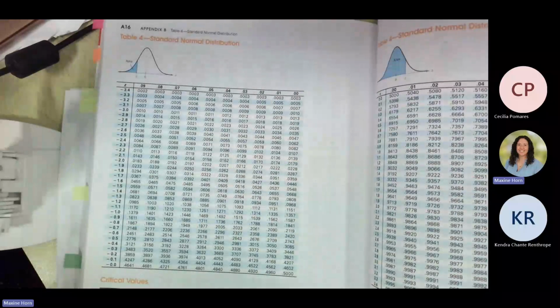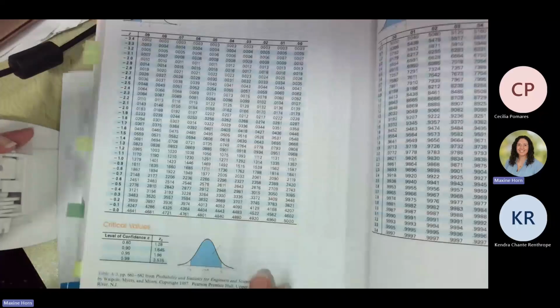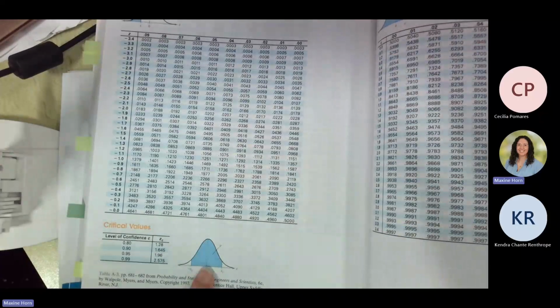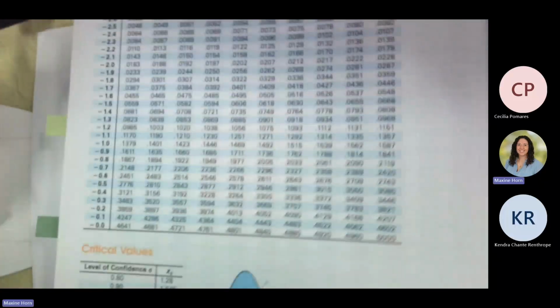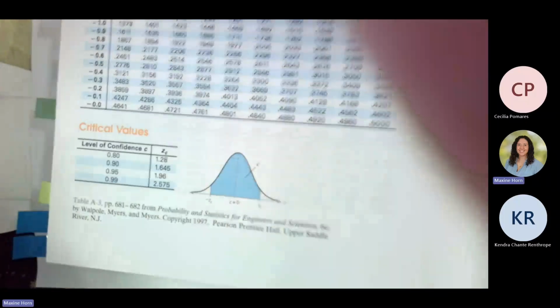We've got our standard normal distribution, and at the bottom of that page, it gives us critical values. It's reminding you that when we're talking about levels of confidence, we're talking about an area in the middle with two tails. If we zoom in on that, this light keeps turning off. There we go.